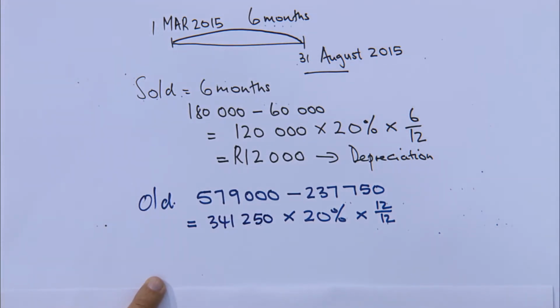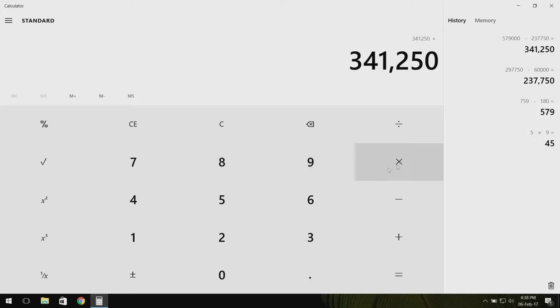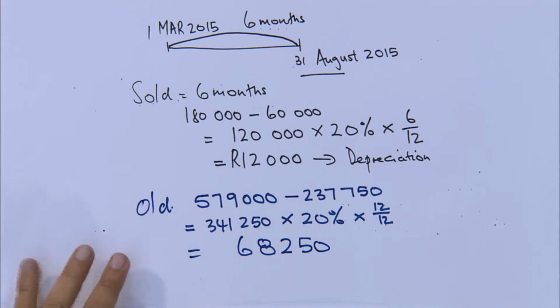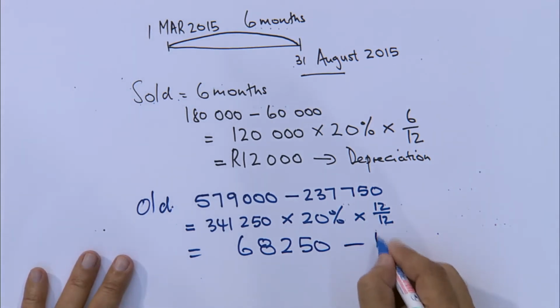Then we're going to multiply that with 20%. And the answer is 68,250. Okay, so that will be the depreciation on the old vehicle.